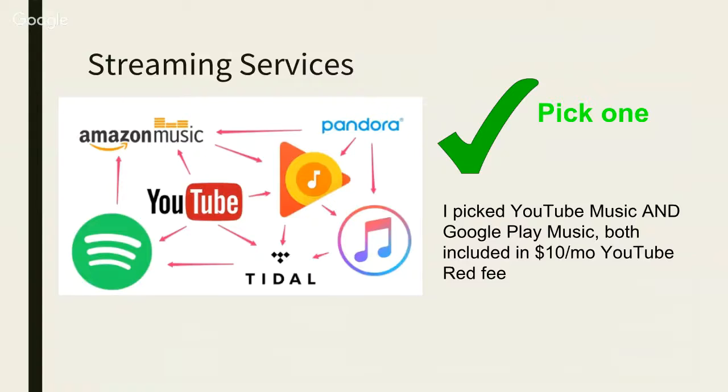So I pay $10 a month to Google, and in that I get YouTube Red, which means I get to watch all YouTube videos with no advertising, no commercials. And I get to have it play in the background. If I have YouTube Music on my iPhone and I now want to look at my Google Photos, the music or the videos keep playing in the background. That's something that YouTube Red gets you. And then I get Google Play Music.